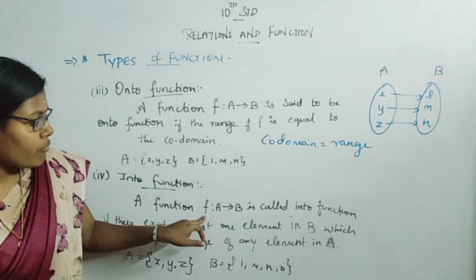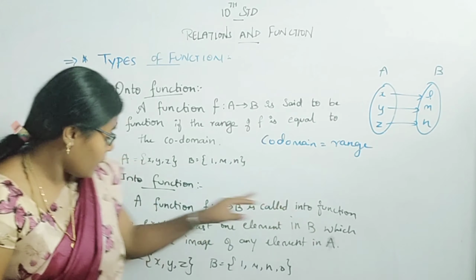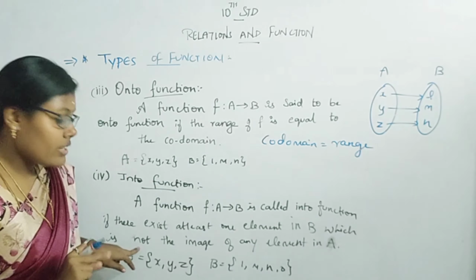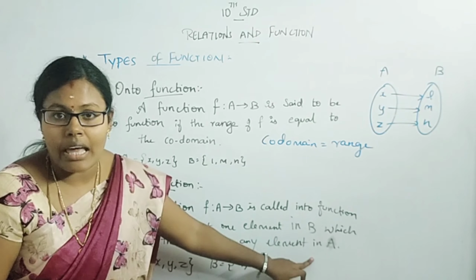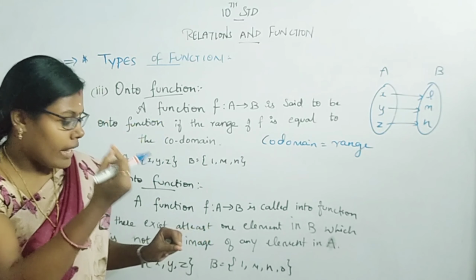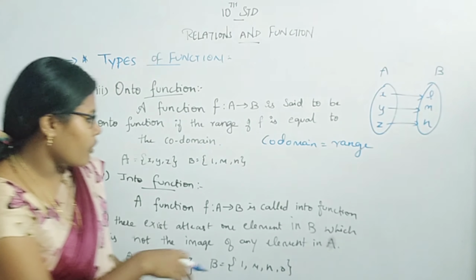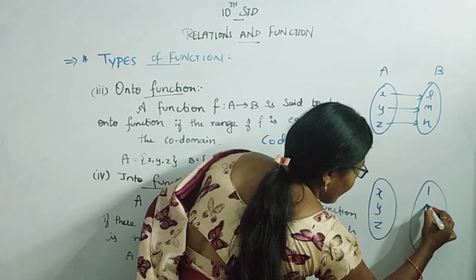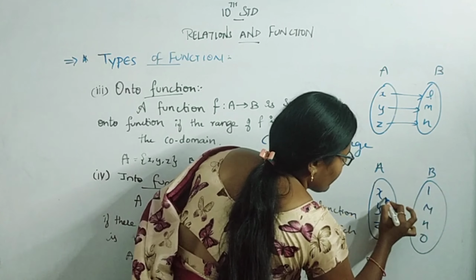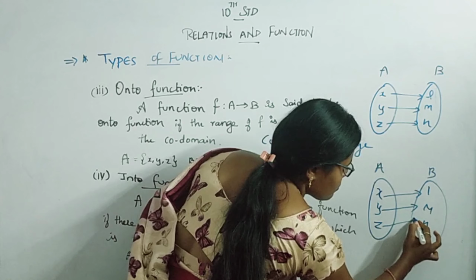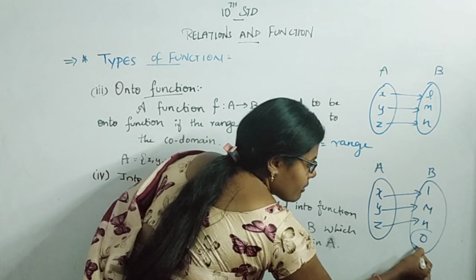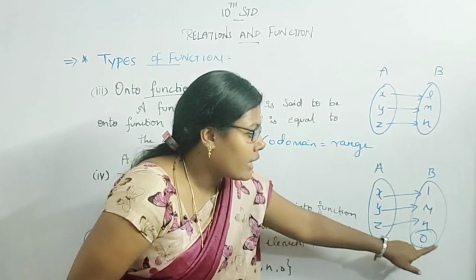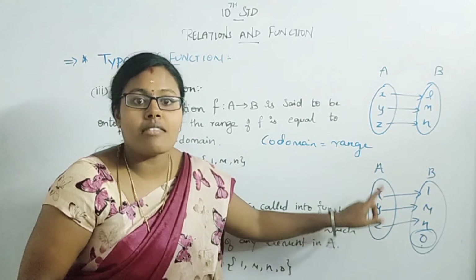An into function is a function f from A to B that is called into if there exists at least one element in B which is not the image of any element in A. For example, I have given here A is X, Y and Z and B is L, M, N and O. X goes to L, Y goes to M, Z goes to N. So there is one element in B which is not an image of A. One element in the codomain doesn't have any pre-image in the domain.